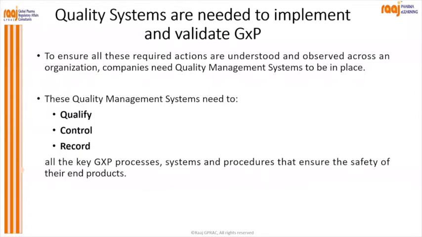To ensure all these required actions are understood and observed across an organization, companies need a quality management system in place. This quality management system needs to qualify, control, and record all the key GxP processes, systems, and procedures that ensure the safety of their end product.